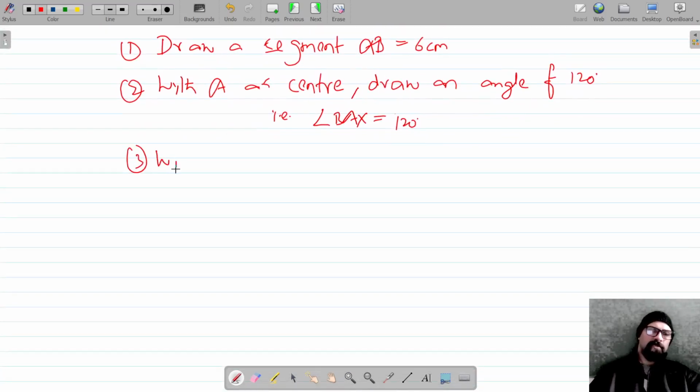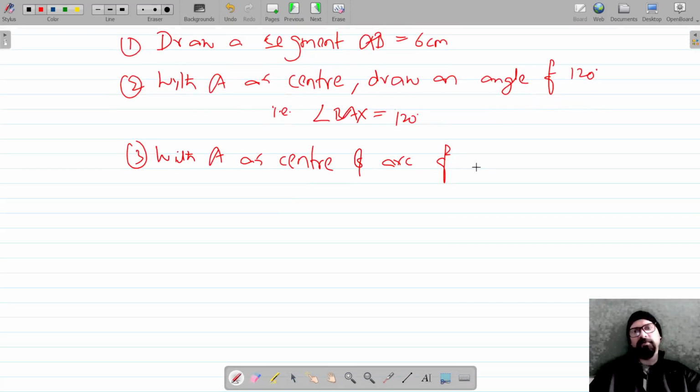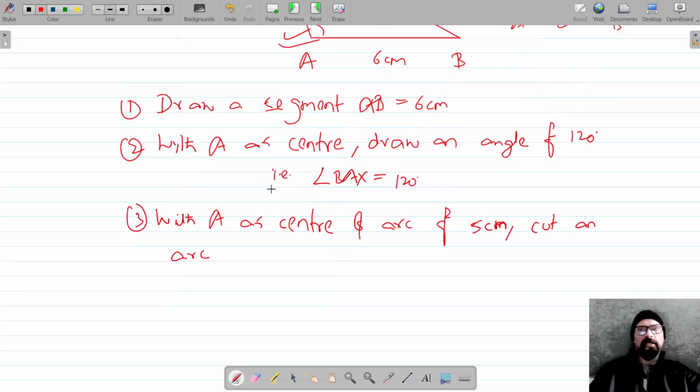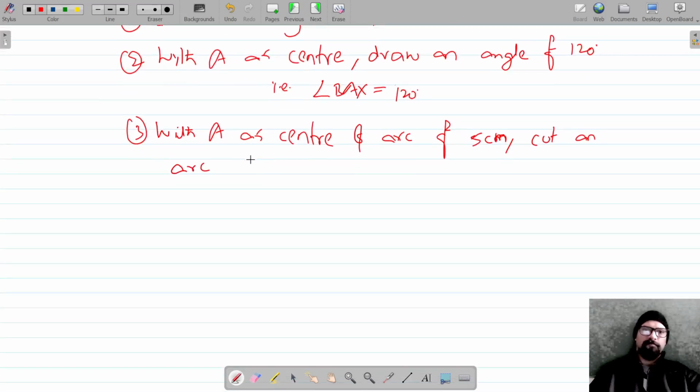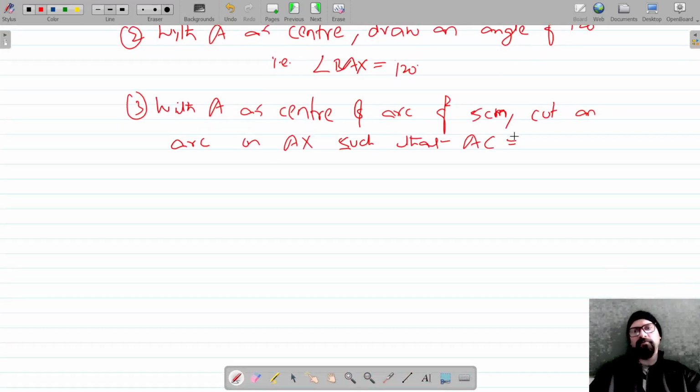So I am going to write here that with A as center, and you have to take an arc of 5 centimeter, you have to cut an arc on ray AX such that AC is equal to 5 centimeter.